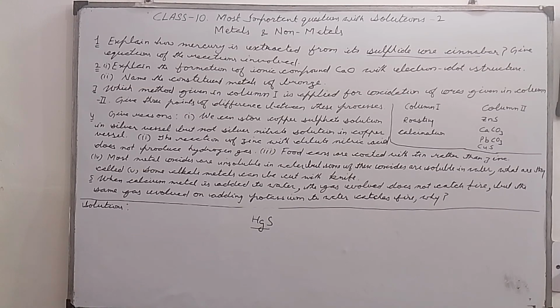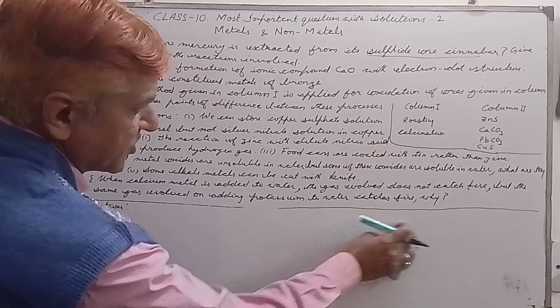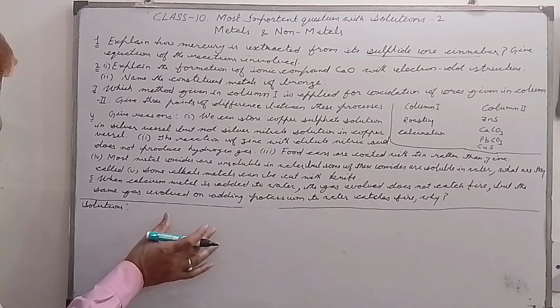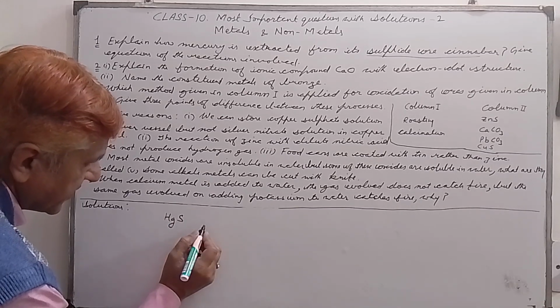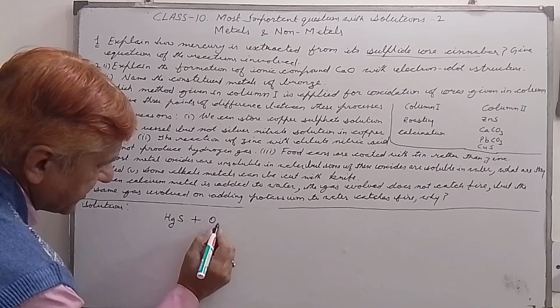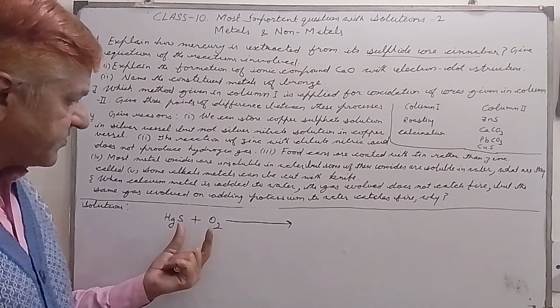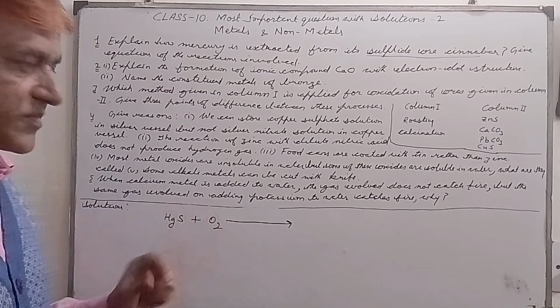So my dear students, always remember that we use a process known as roasting to convert this mercury sulfide into oxide. So how do we do that? Let's see here. Mercury sulfide is heated in presence of oxygen, and this process is called roasting.